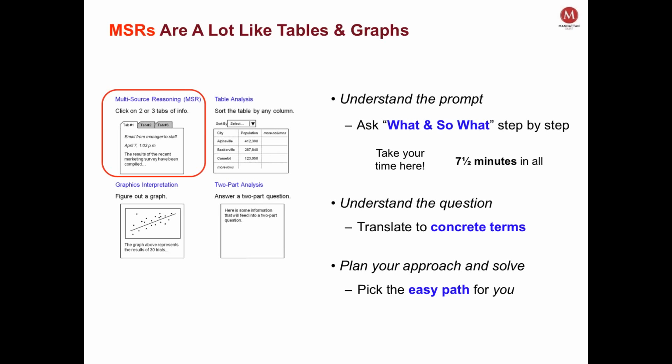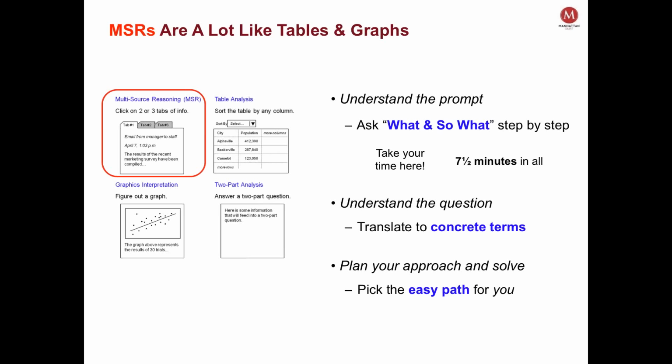And you need to let yourself do this, get a little bit of an understanding before you really look at the question. Then you focus on each question as you answer it, and you try to translate it to concrete terms. Again, what exactly are they asking me? What do I need to figure out? Before you even try to solve, you need to figure out what you're being asked, what you've been told.